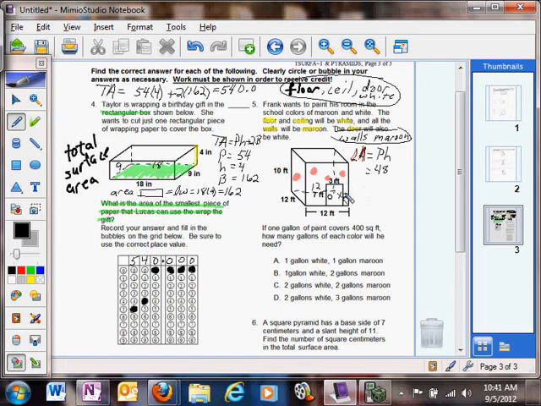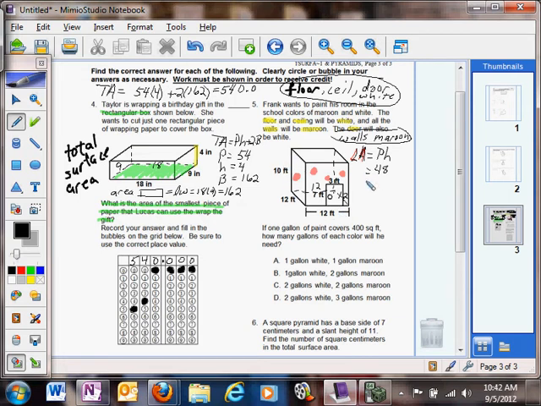The height of the room is going to be 10 feet. Actually, this is not a cube. I'll take that back. It's a rectangular prism, but it does have a square floor, 12 by 12. But since the height is 10 feet, that makes it a rectangular prism and not a cube. In order for it to be a cube, the height would have to be the same as the dimensions of the floor. So anyway, the height now is going to be 10.